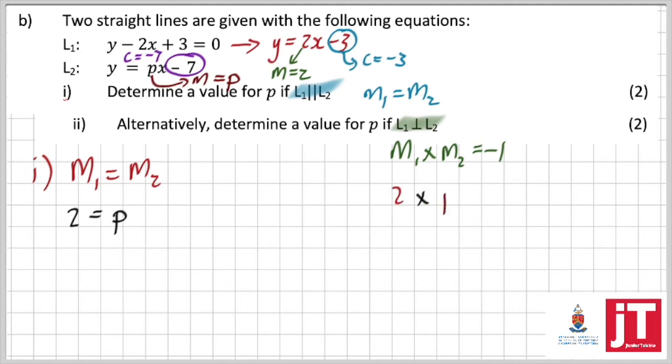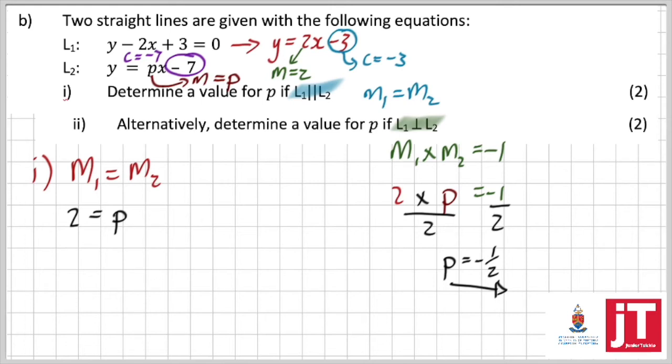So in other words, 2 times p must be negative 1. So in other words, p must be negative 1/2. So if p is negative 1/2, then the two lines will be perpendicular to one another. Oh my goodness, this is beautiful.